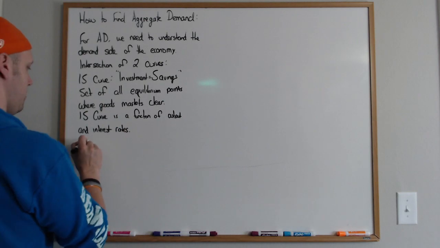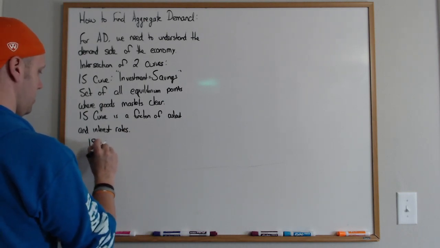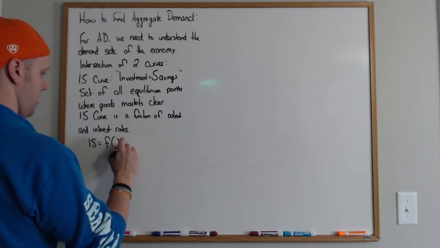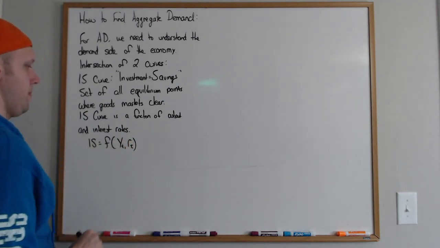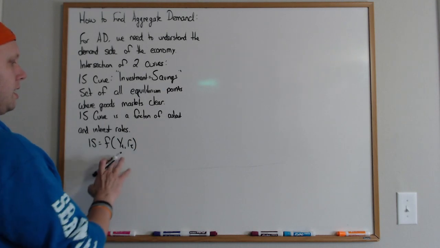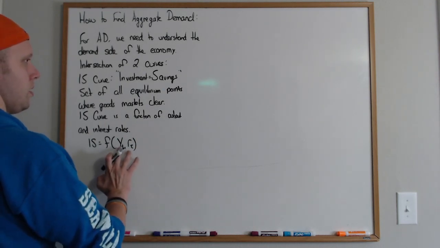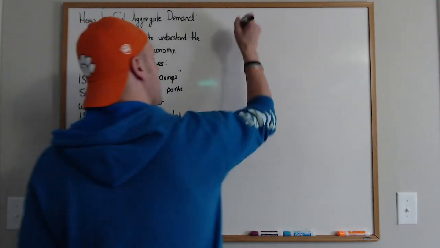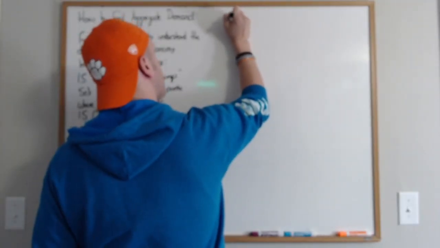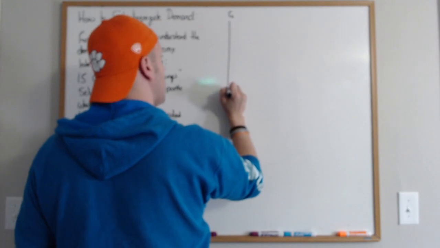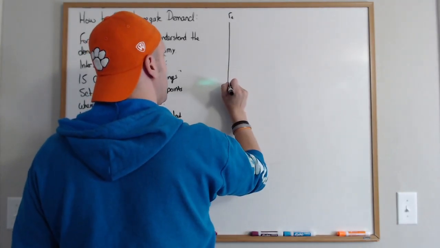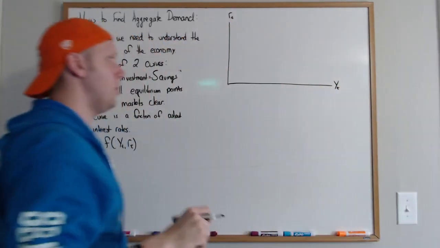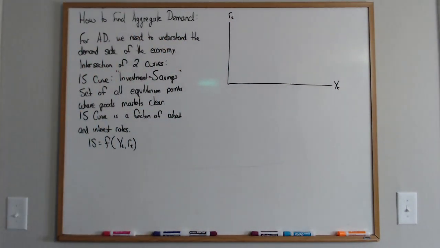Okay, so we can write it like IS equals, I don't know, f of Y and r, because the axes that it's defined on are going to be the real interest rate, r, and output Y, or income.